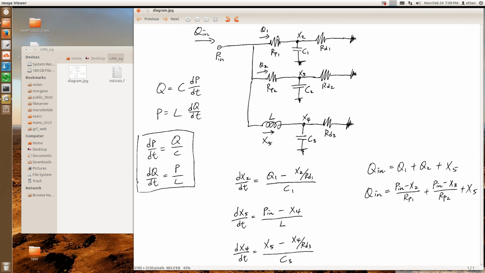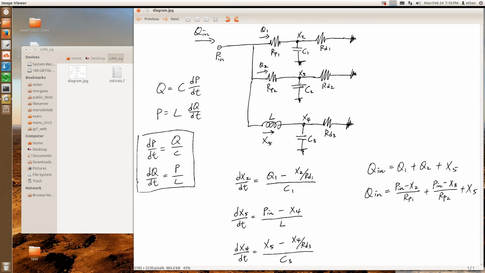When you have flow that goes in here, the only two places it can go is either into the capacitor or down this way. So if you want to find the flow going into the capacitor, it is this flow minus this flow. Here we have Q1 minus this pressure divided by RD gives you this flow. And that's the equation for this element right here.